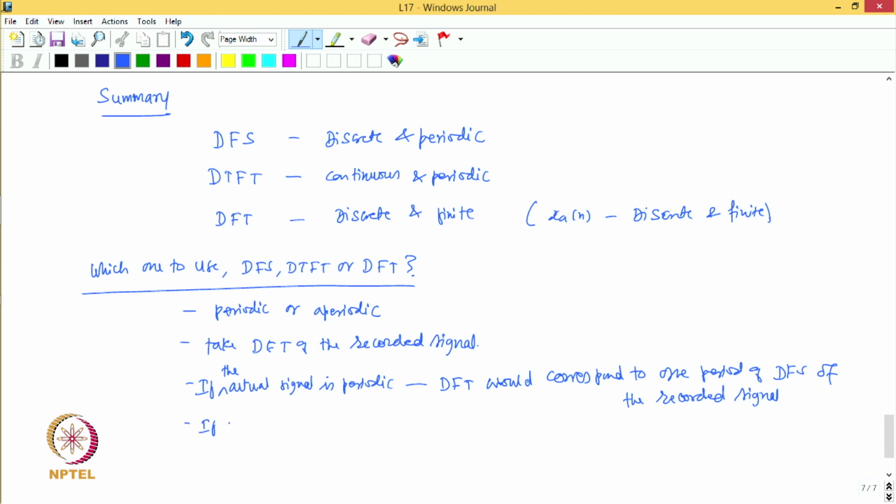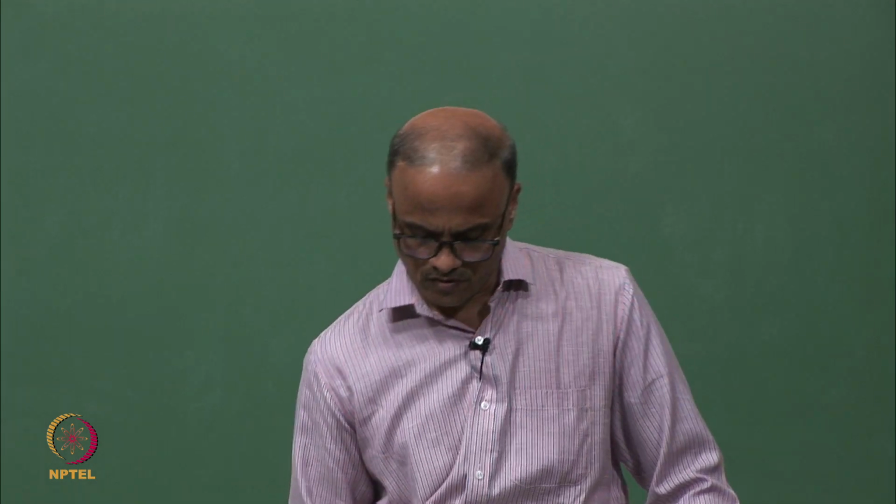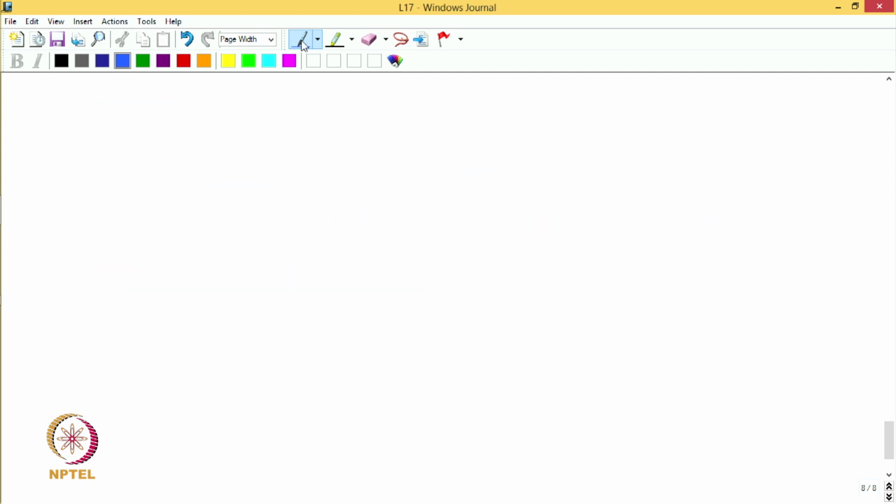But if the actual signal is aperiodic, then the DFT we obtain would basically correspond to one period of the sampled and scaled version of the DTFT of the recorded signal. Let us now look at what is meant by single sided spectrum.